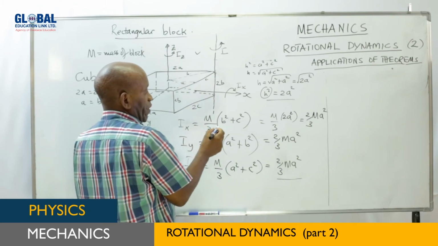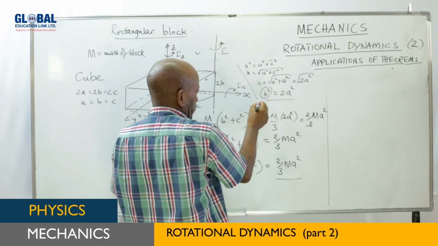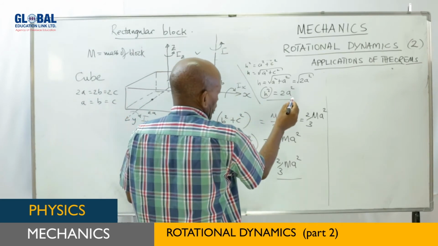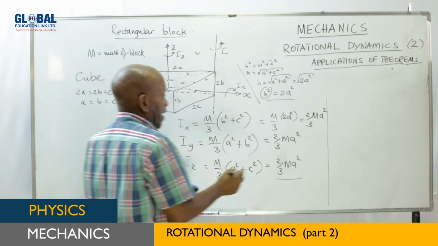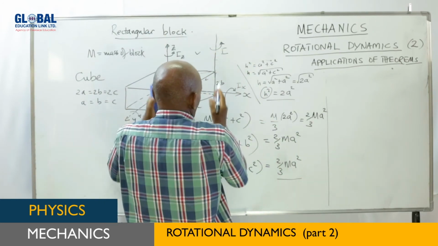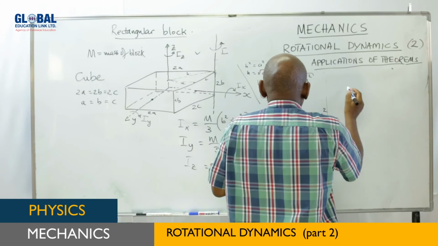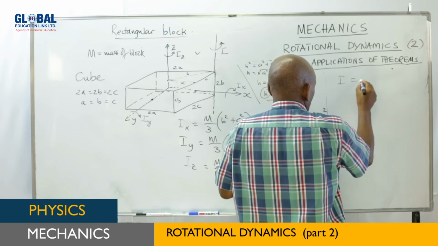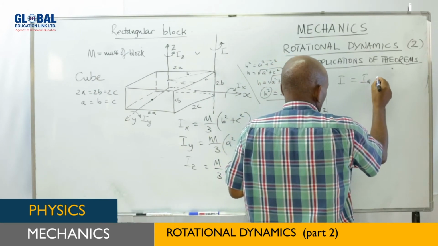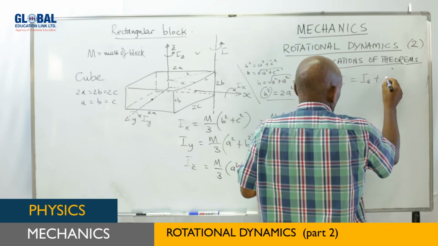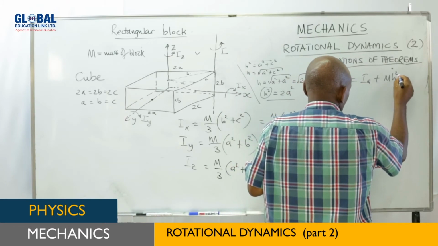And from the Pythagoras theorem, as I've already derived previously, h squared will be equal to 2a squared. And from the parallel axis theorem, we found that this moment of inertia will be equal to the moment of inertia through an axis passing through G plus m times h squared.